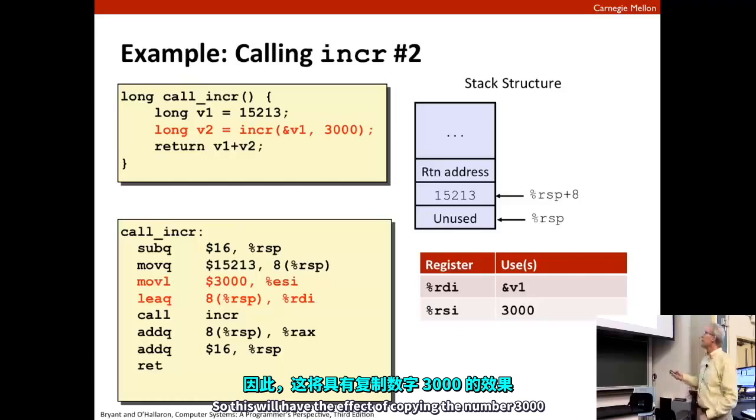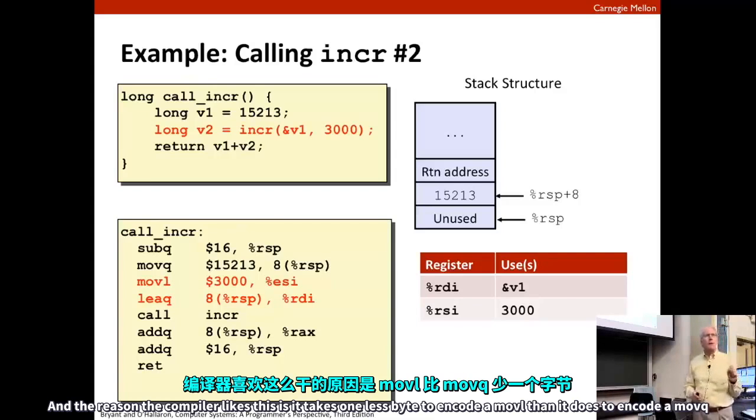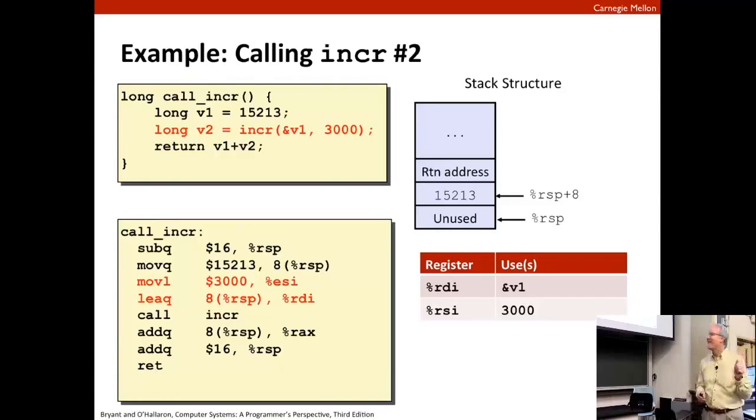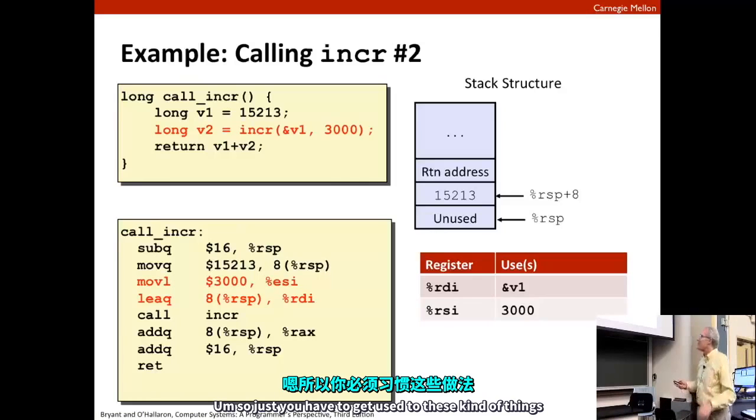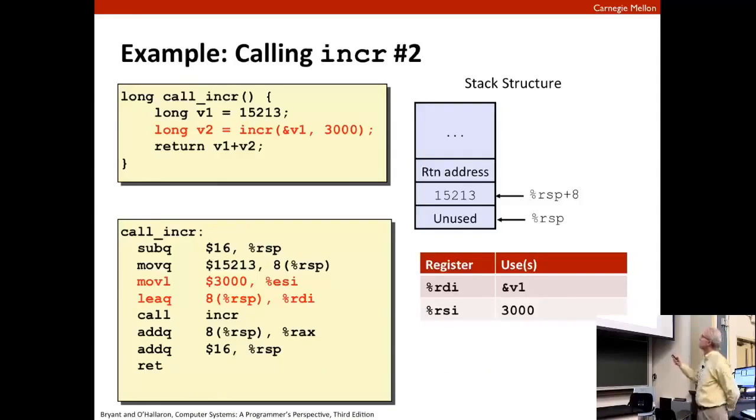So this will have the effect of copying the number 3000 and zeroing out the upper bytes to register RSI. The reason the compiler likes this is it takes one less byte to encode a movl than it does to encode a movq. So you have to get used to these kinds of things. So that's setting up the second argument to the call.